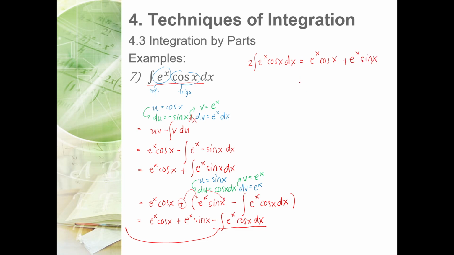Then divide everything by 2, so the final answer will be 1 half e to the power of x cosine x plus e to the power of x sine x. If you want to further simplify it, extract e to the power of x, so this becomes 1 half e to the power of x times cosine x plus sine x, plus c.